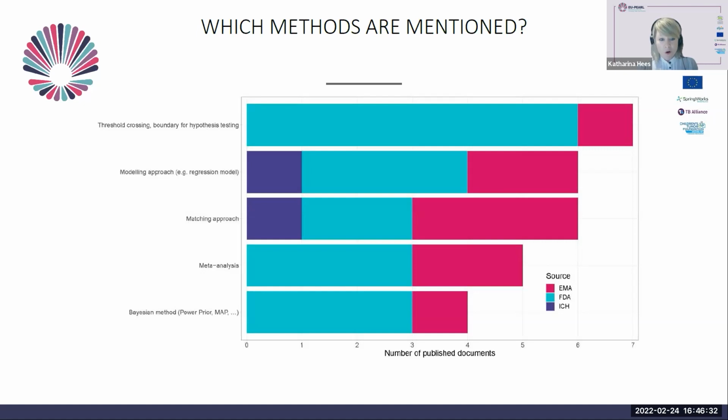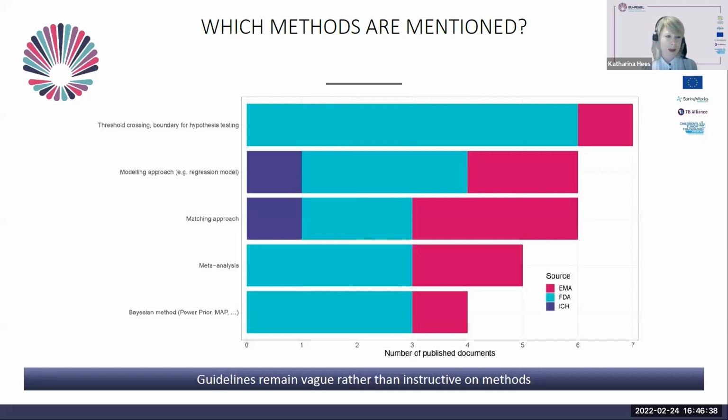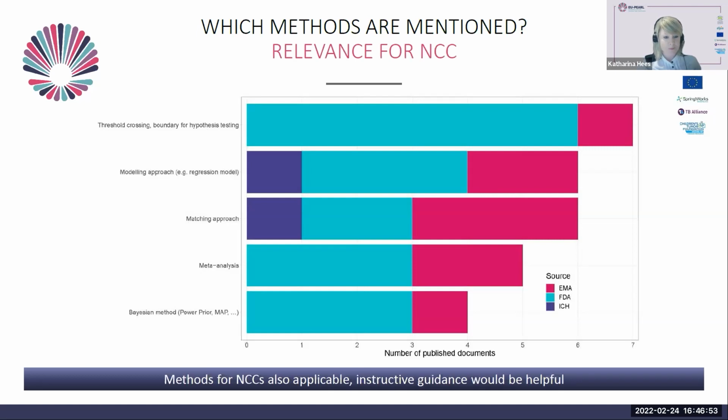So overall, next click, please, the guidelines remain very vague rather than instructive on methods. They were just saying in one sentence that you can use a Bayesian approach or do a matching, but they were not really saying a lot concerning this. Next click, please.